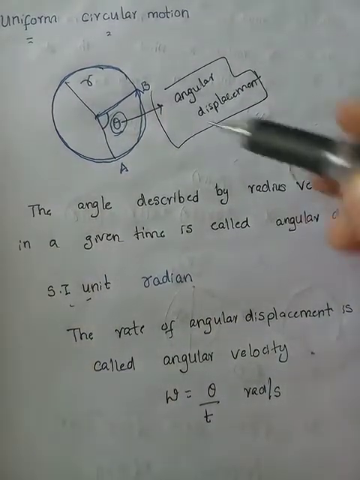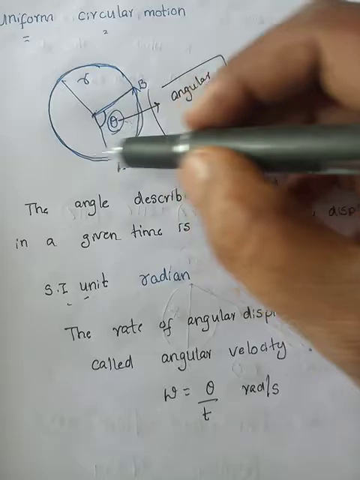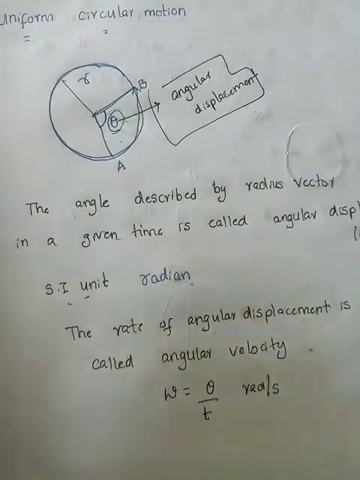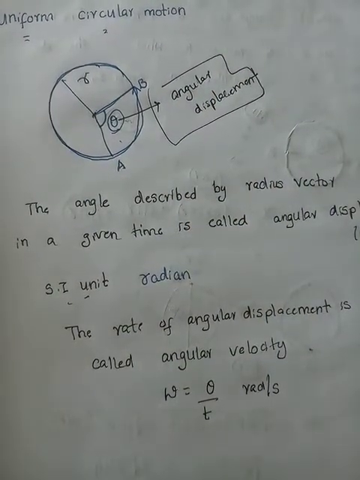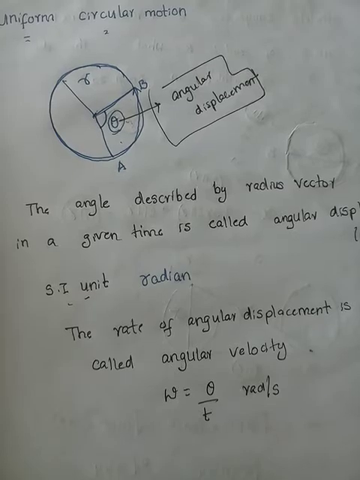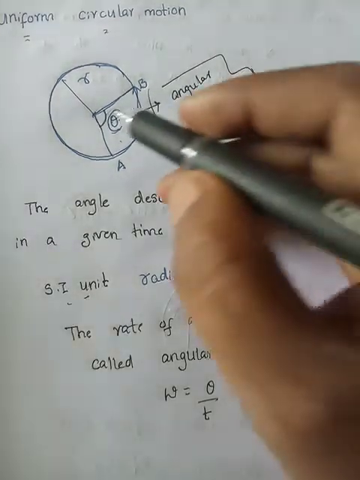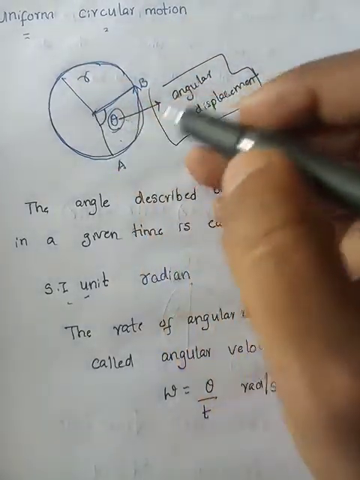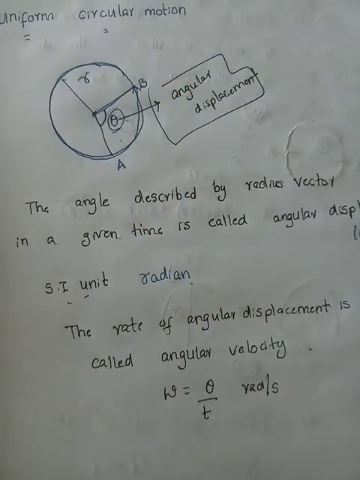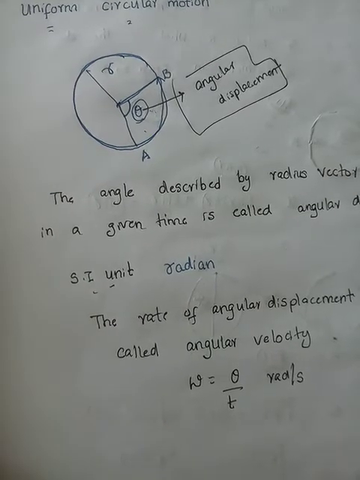The motion of a particle along the circumference of a circle with uniform angular velocity is called uniform circular motion.